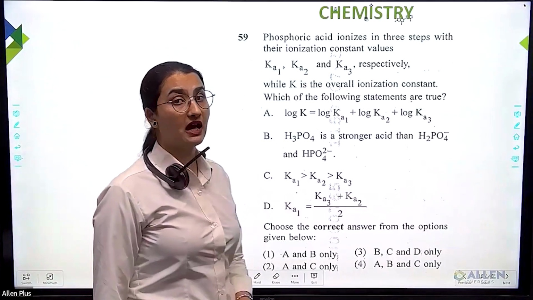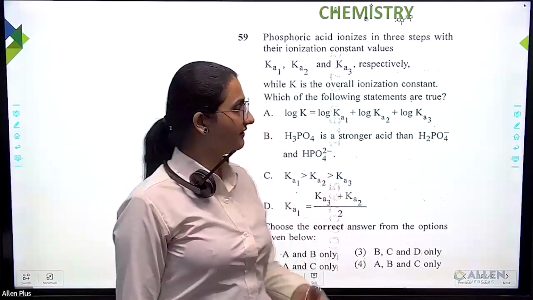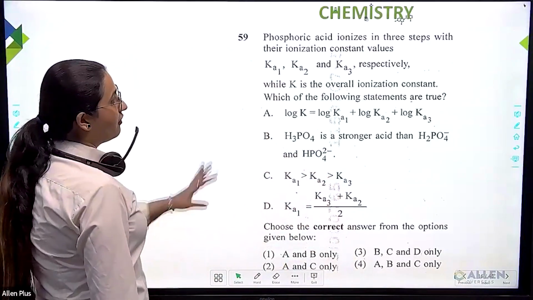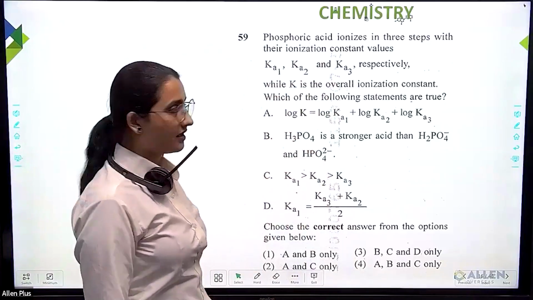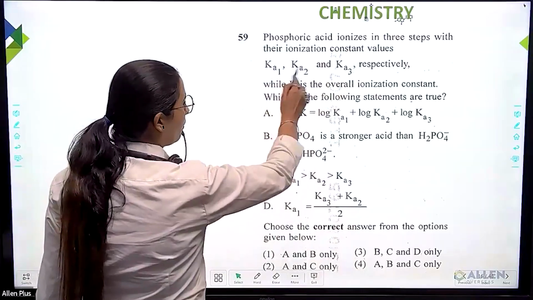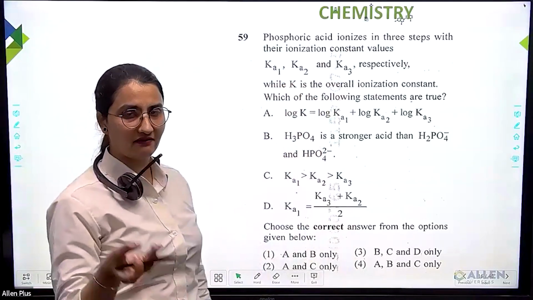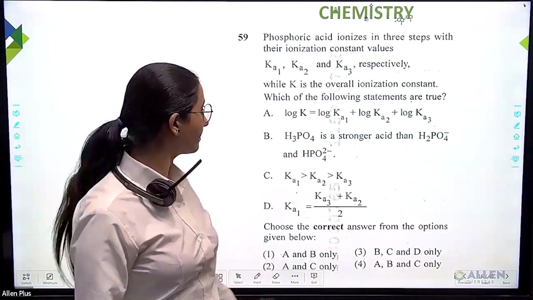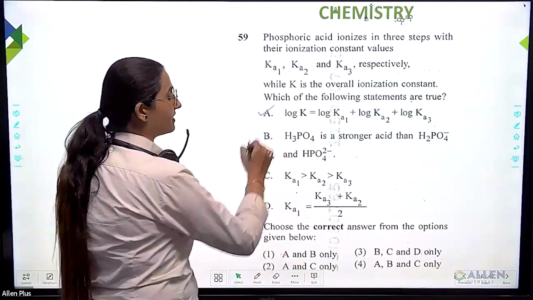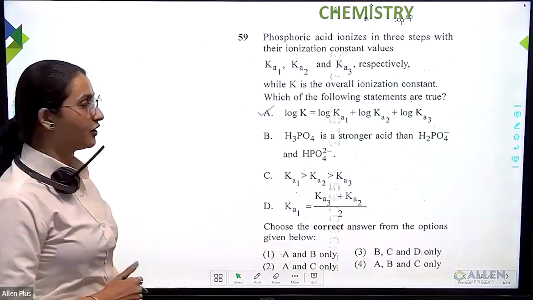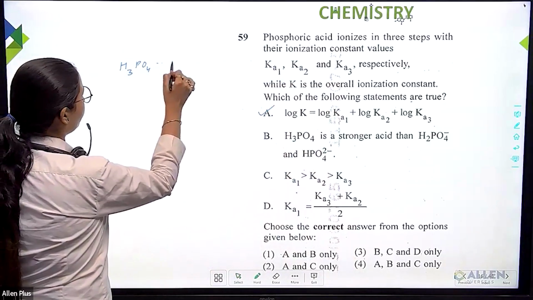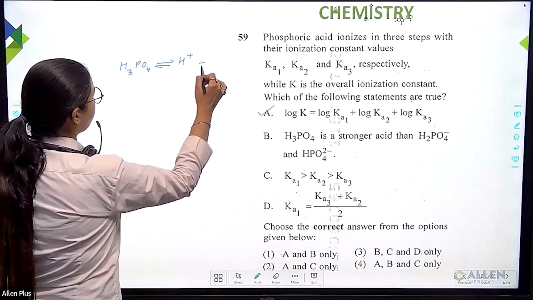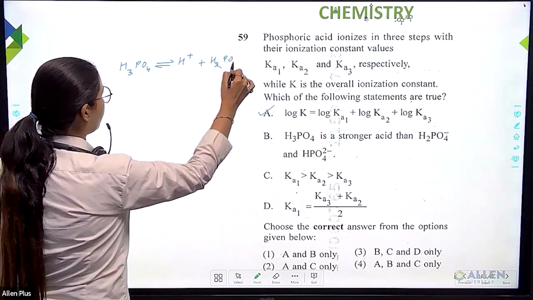Next, so it's from ionic equilibrium. Very easy question. See, phosphoric acid dissociates in 3 steps. We know n factor is 3. So if the dissociation order is this, for first K1, K2, K3, let's start. Log K is this, is right. Why, students? You know, when it breaks in step one, H3PO4 giving you what? H+ plus H2PO4-.